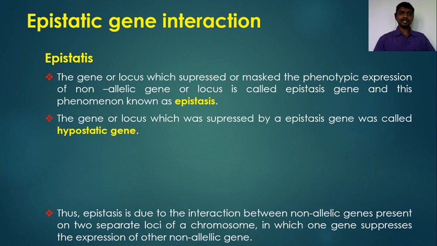So here there are two genes which are non-allelic. These genes are located on different chromosomes, but they control the same phenotypic character. One gene suppresses or masks the phenotypic expression of the other gene.